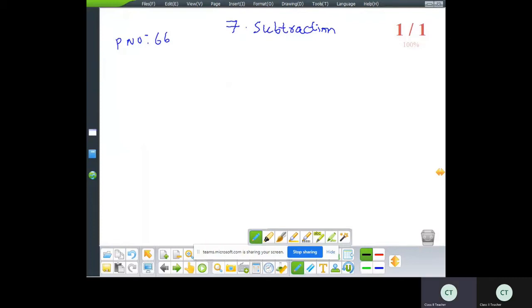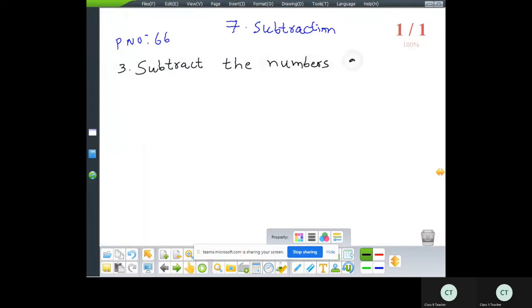Now, first of all we see an example. 54 minus 31.